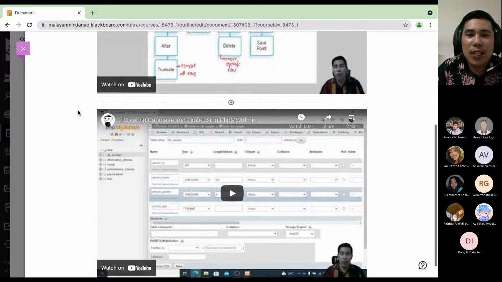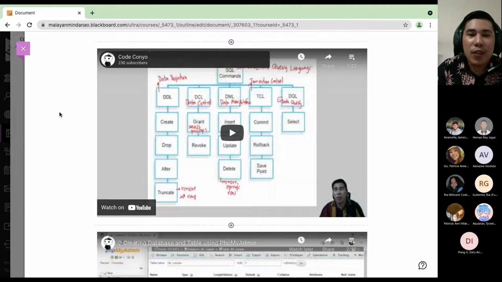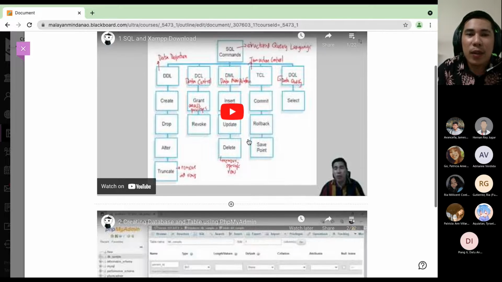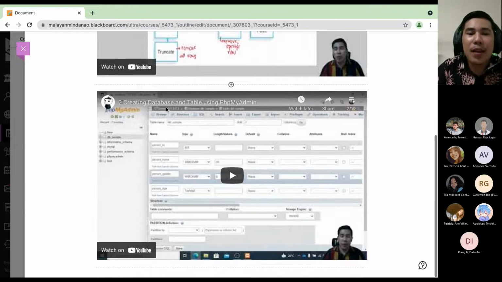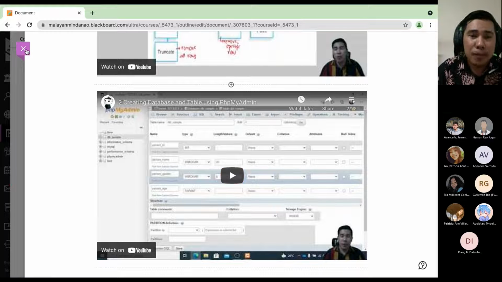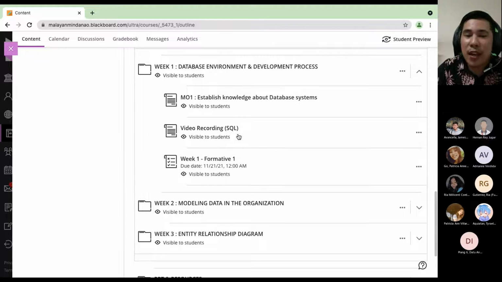You will need to download and install XAMPP. I have discussed here what XAMPP is and how you create data tables through PHP. Of course, I'm also going to discuss it during our session, not only because it's already posted there.